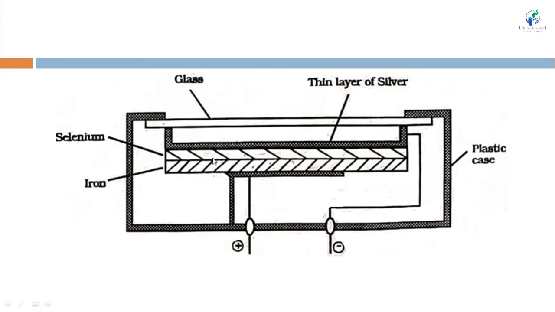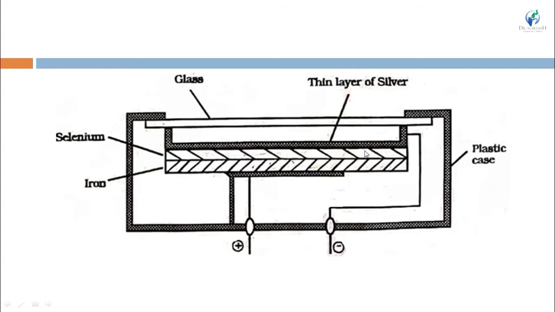Selenium acts as a semiconductor material, and upon the layer of this selenium, a thin layer of silver or gold is deposited, which acts as a second electrode, right?